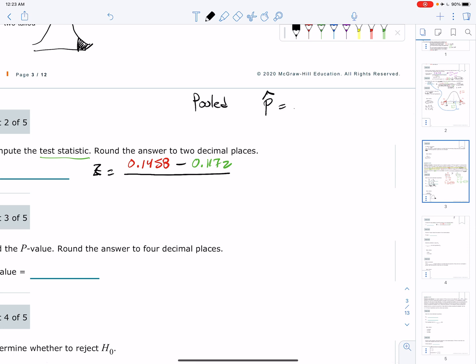Remember the easiest way to do that, and this is how the book is doing it, and other books might do it in a slightly different way, is the overweight boys plus the overweight girls, over the sample size of the boys, 535, plus the sample size of the girls, which is 529.